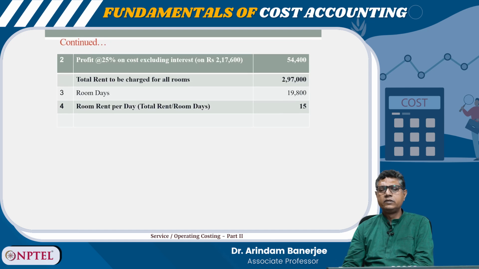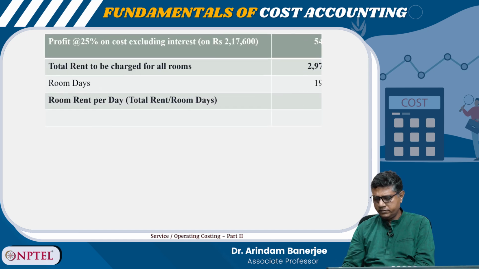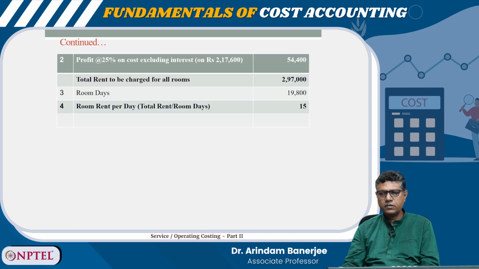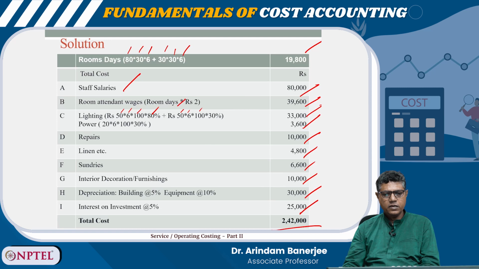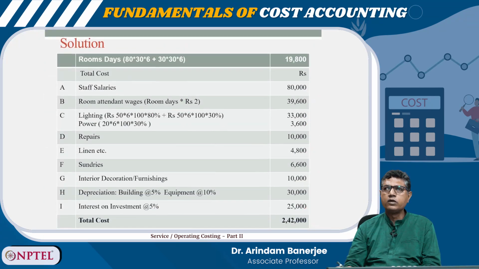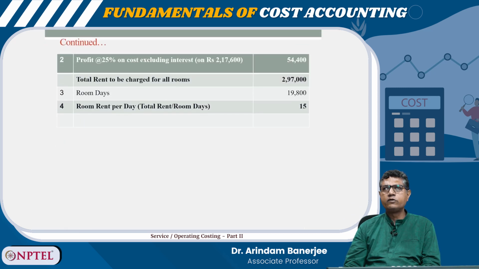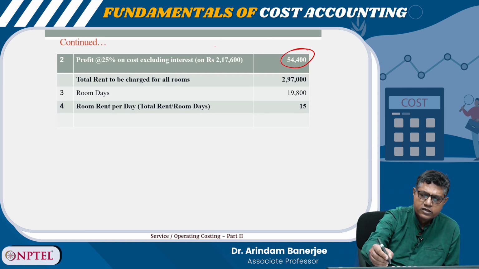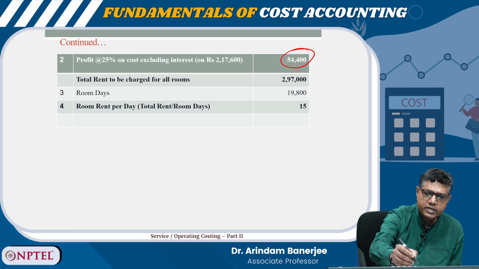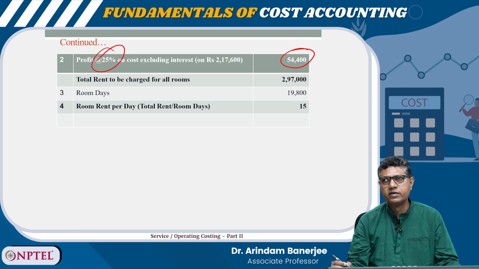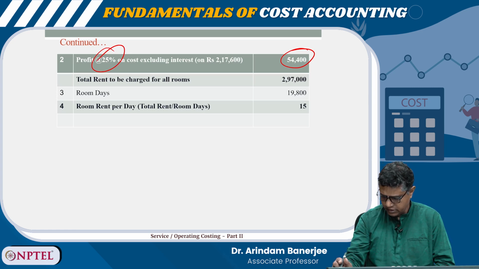Now, this is my total cost, and from here I can calculate the total rent to be charged for all rooms, right? So, I need to add profit to it. My profit percentage I want to keep is 25%, so it is coming to 54,400.